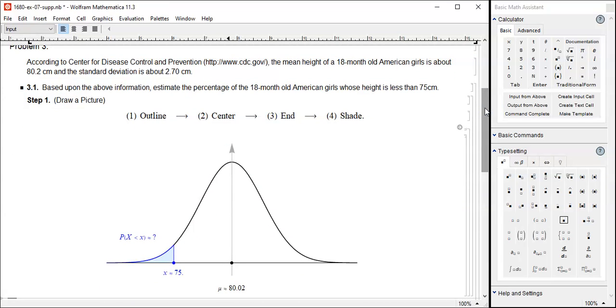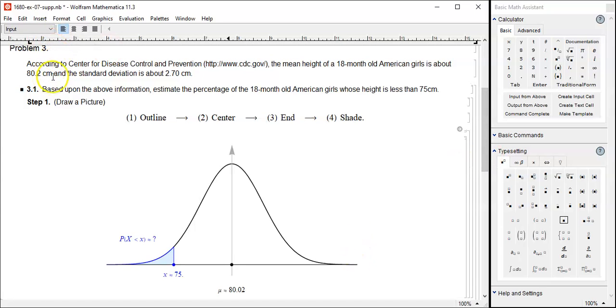Here's the process: outline, center, end, and then shade. Outline: you can draw some kind of outline, going up and down. It doesn't have to be really pretty. Now, center. Use your common sense. Of course, the mean is the center.